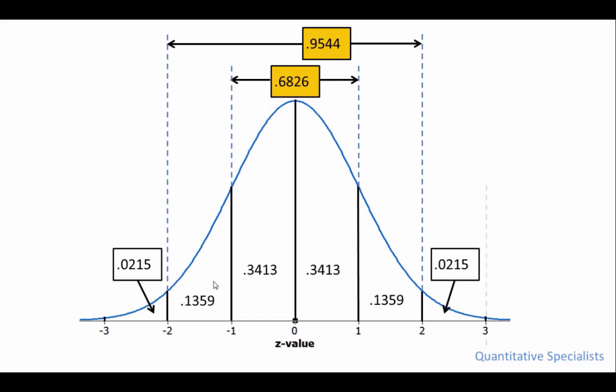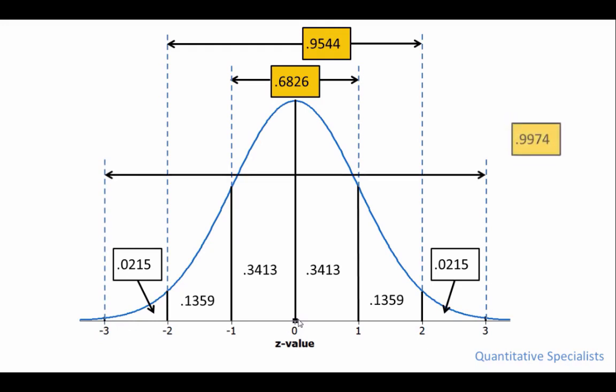And if we went ahead and added up all of these values, so that is all 6 of these values together, we should get 0.9974, which tells us that 99.74% of the values in a normal distribution all fall within 3 standard deviations of the mean. Or in other words, they fall from -3 to +3 of a z-score.